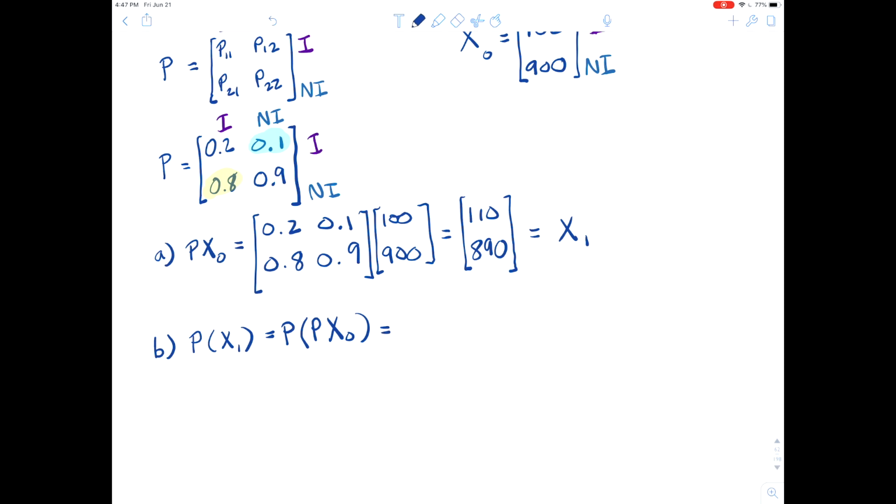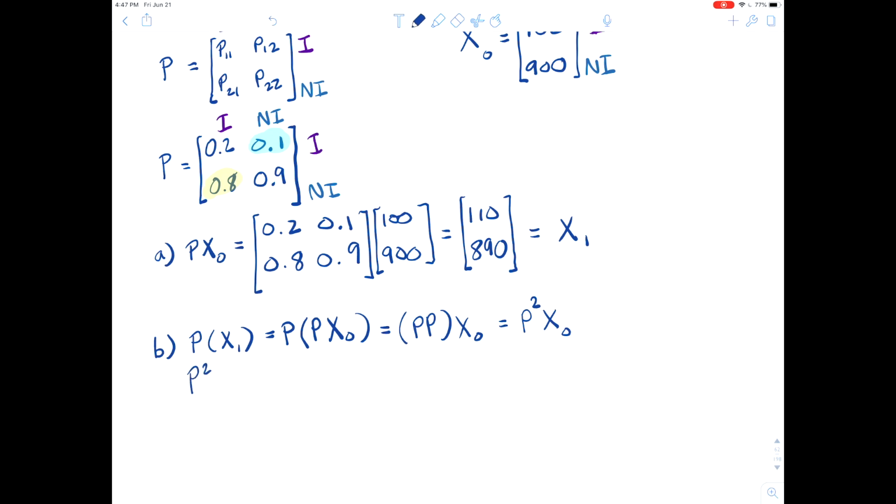But isn't matrix multiplication, when everything is defined, associative? So you'd have P times P times x0. And wow, look at that. That's going to be P squared times x0. Cool so far?